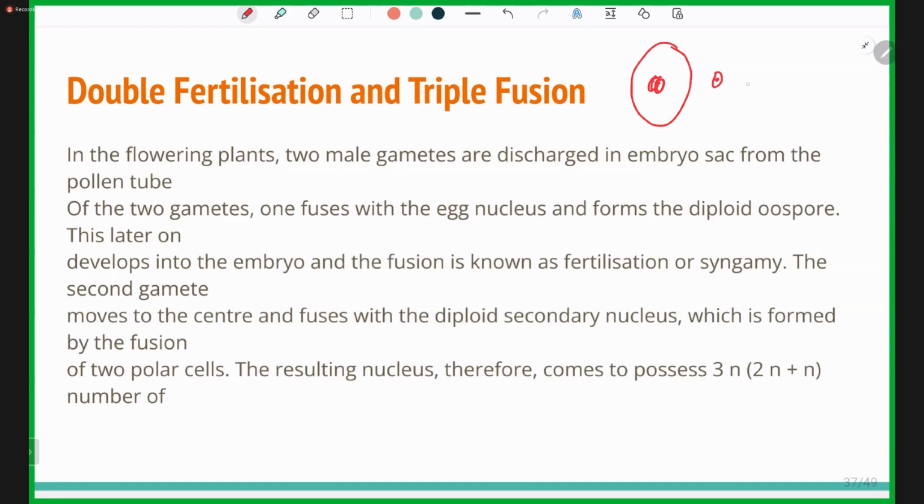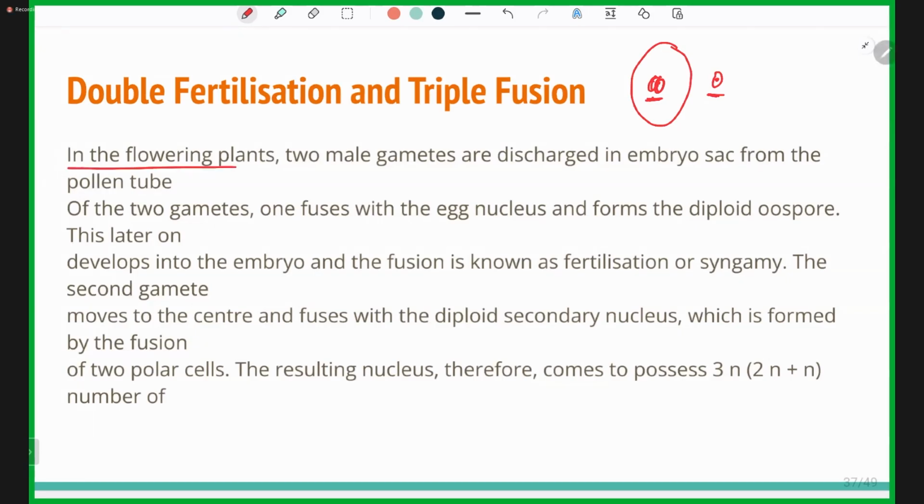So double fertilization is, first, the fertilization that takes place between the egg and the male gamete, and the second fertilization is the one between the secondary nucleus and the other male gamete. And third is triple fusion: these two cells plus one cell. So three cells fuse together and give rise to the endosperm, which is why it is termed triple fusion.